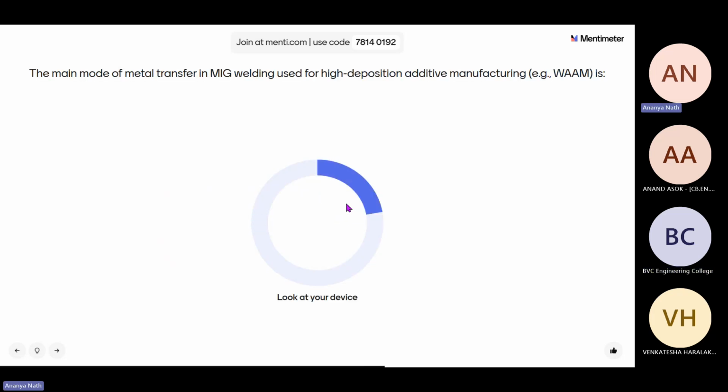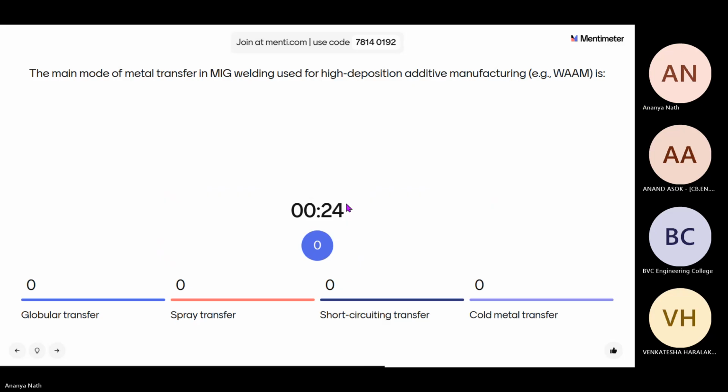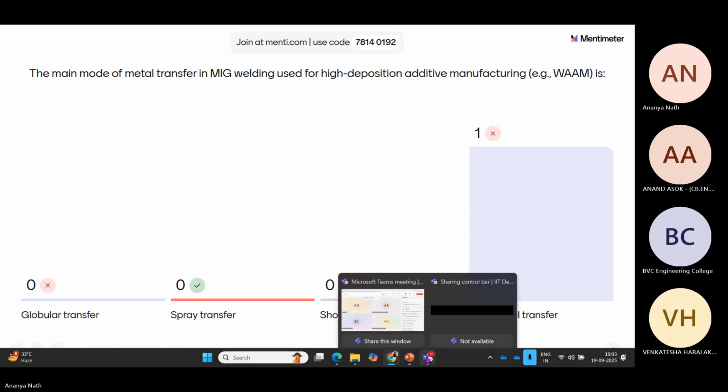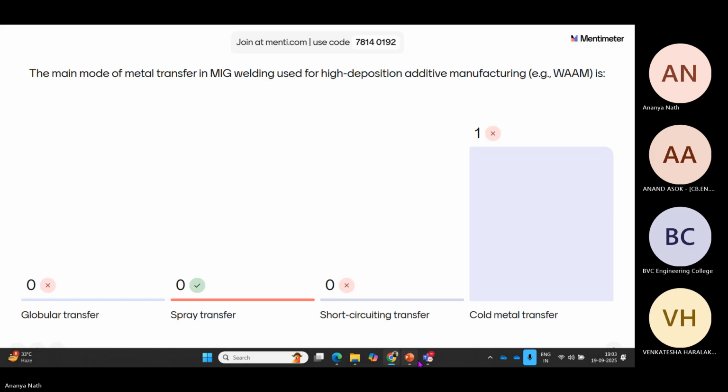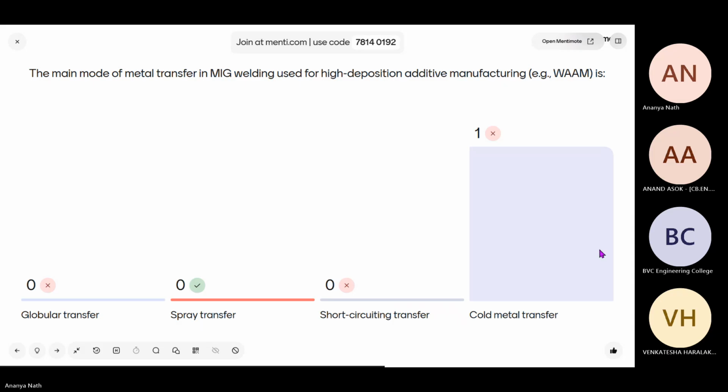Main mode of metal transfer in MIG. So the main transfer mode is spray transfer in MIG.